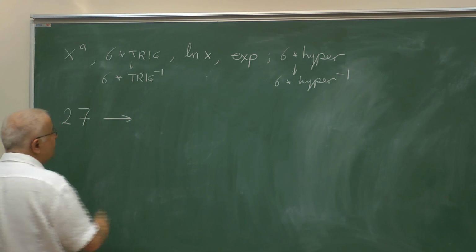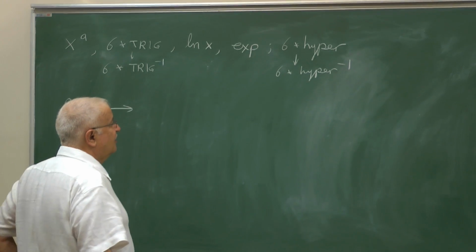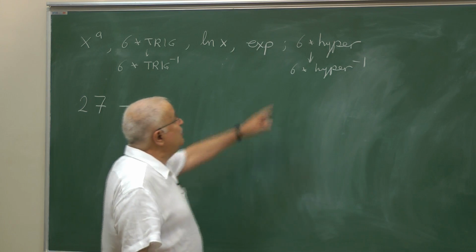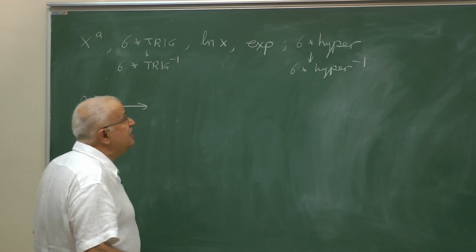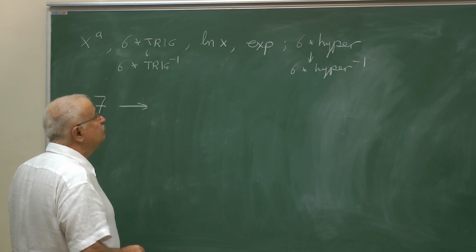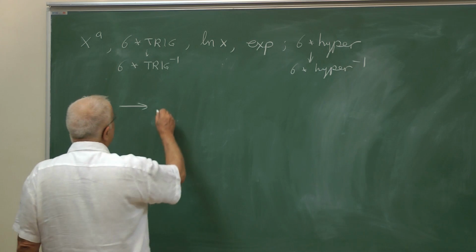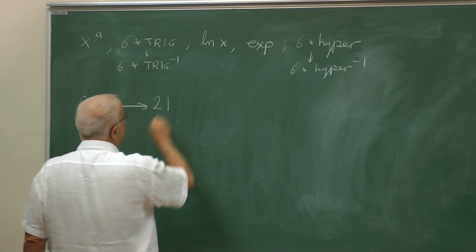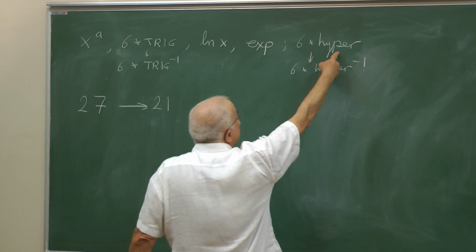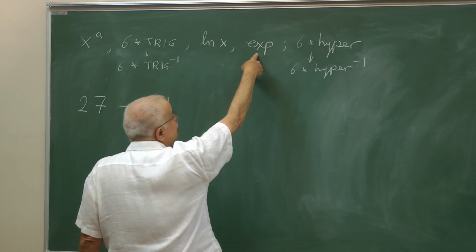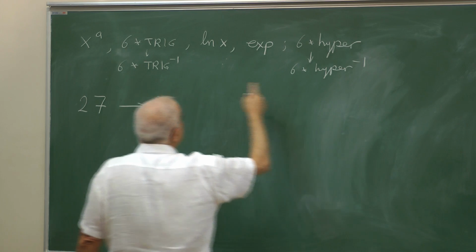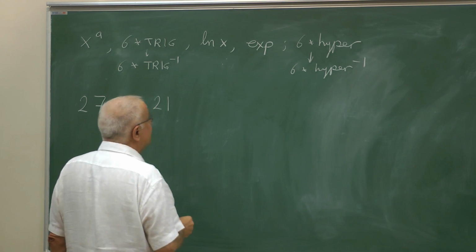But when we try to economize a little bit, we realize that the hyperbolic functions are nothing but the exponential function. We will return to this. So we can reduce this to 21. But then, if hyperbolic functions are so intimately related to the exponential function, then of course inverse hyperbolic functions will be related to logarithm.